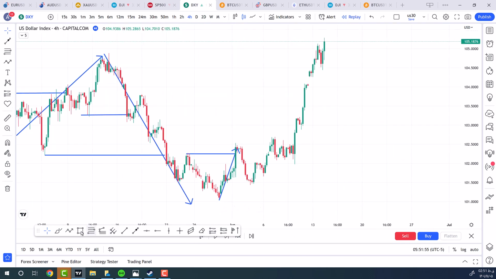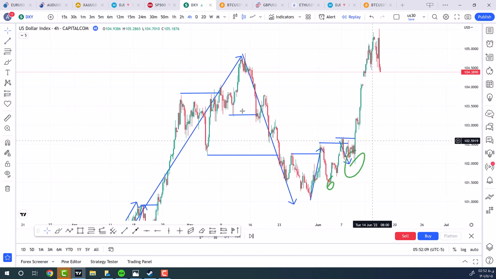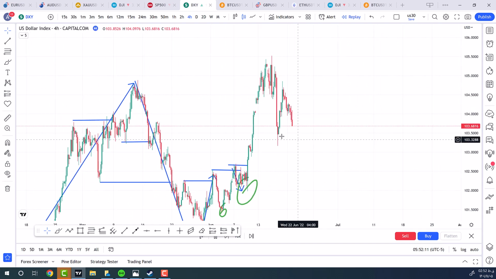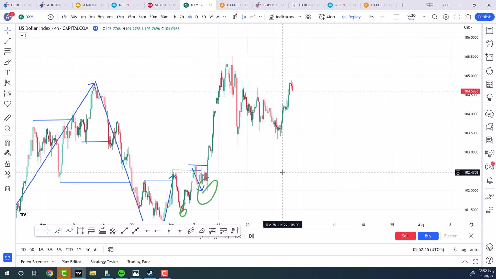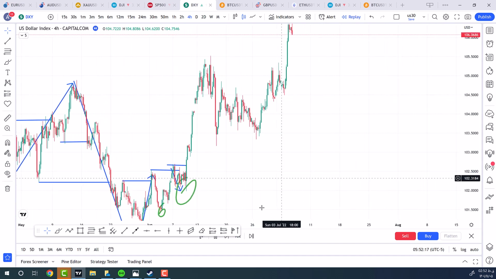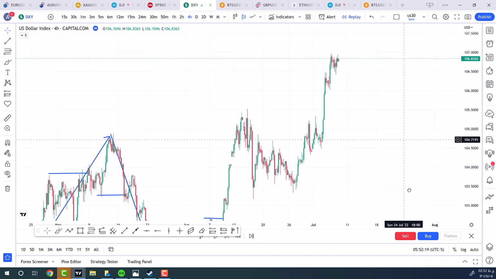For example, we can catch this higher low, it breaks the high, it pulls back. We can catch this higher low and it breaks the high again, and we wait until it pulls back. You can see that it works well, and that's enough for structure and break-off structure.